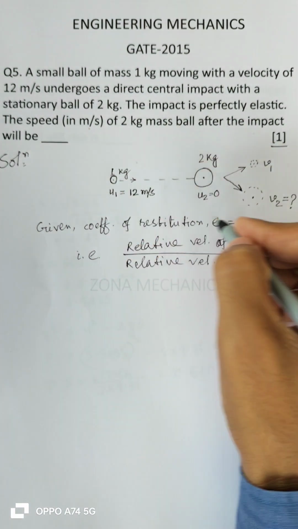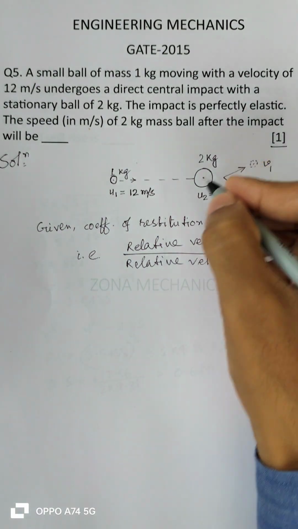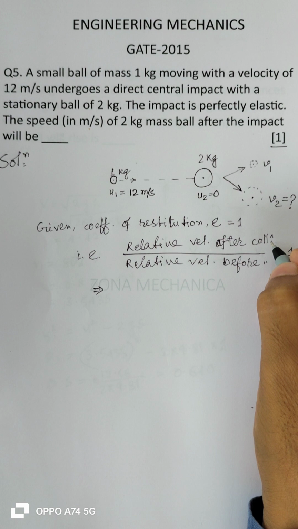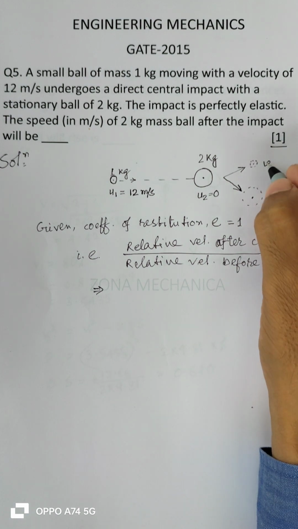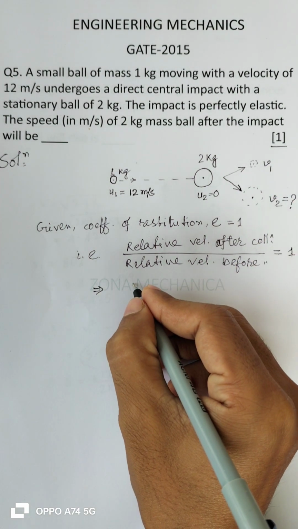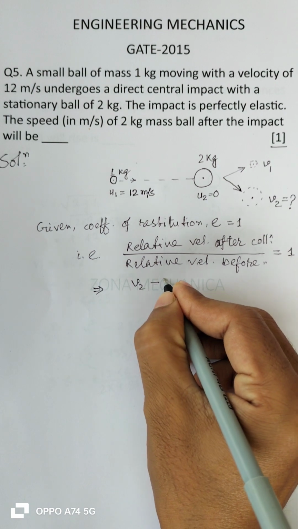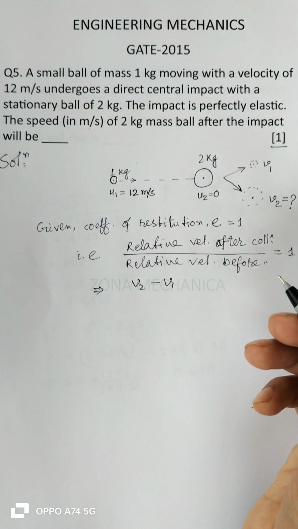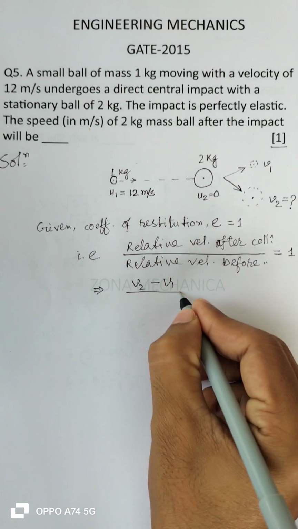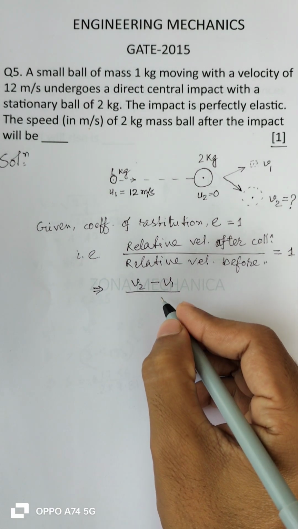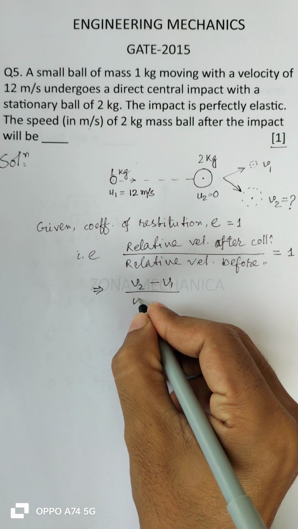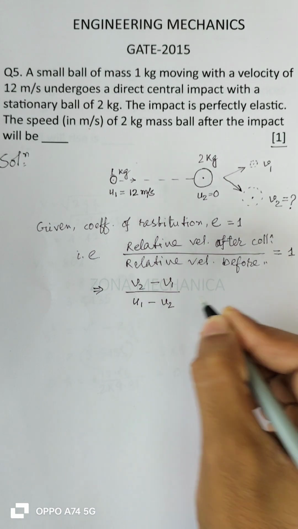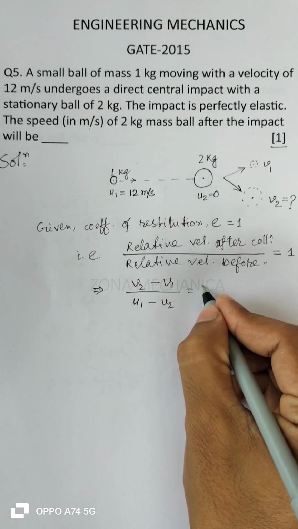So from the notation taken here, we can write down that the relative velocity after collision is v1, v2. So v2 minus v1 or v1 minus v2, you can take any one, by u1 minus u2 is equal to 1.